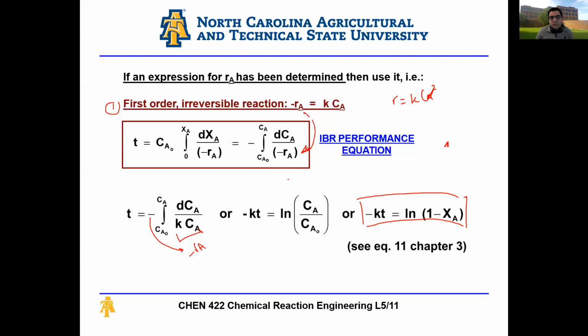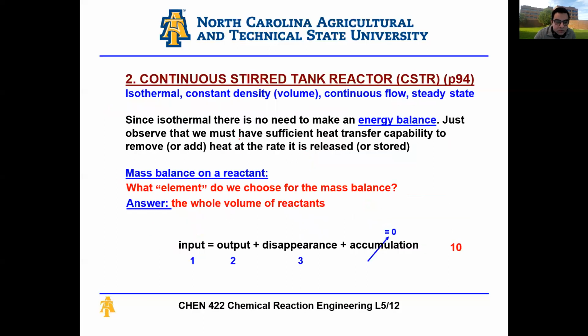Minus 1 over CA, right? If it's KCA cubed, or if it's KCACB, you should write B in terms of A, use conversions, and you're able to use this equation, right? So with IBRs, there's a bit of math involved, but the starting step is to plug your rate expression into here. Good. Okay, moving on.